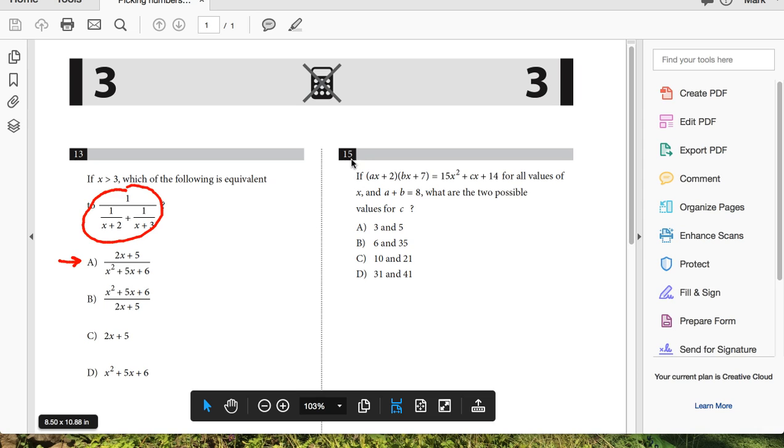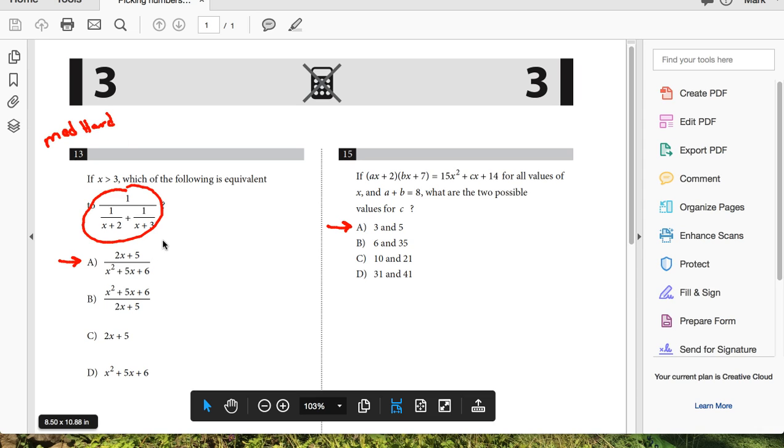If you look over at number 15, which happens to be the hardest question on the test, the last multiple choice before the grid-in section, there are only numbers in the answer choices. So you probably cannot use the strategy on that problem, but you can on number 13, which is still a problem that we would consider medium hard.